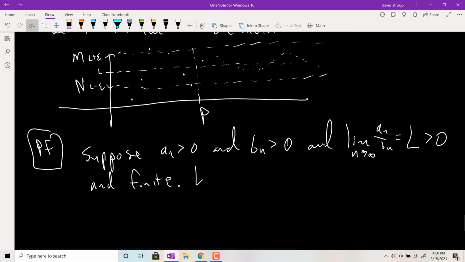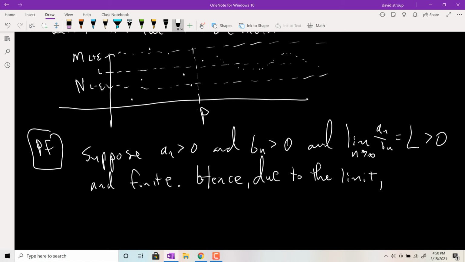Okay, so hence, due to the limit and our strict definition of a limit, we can find some sort of p-value.